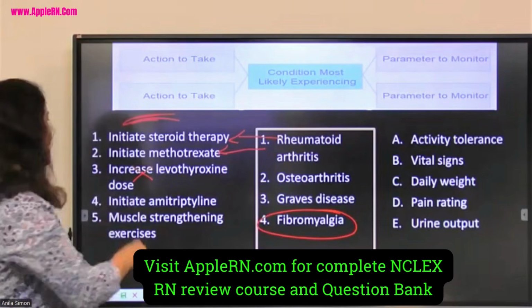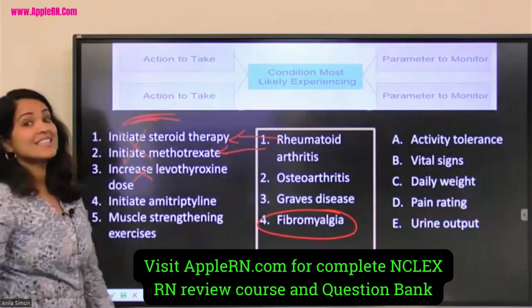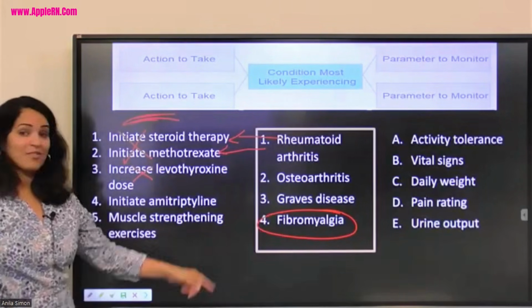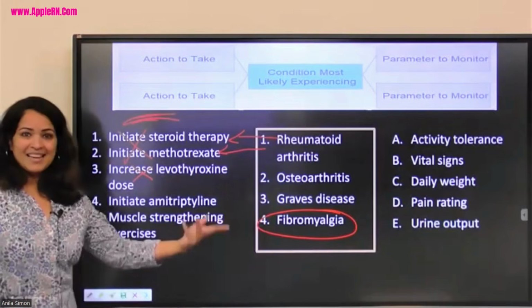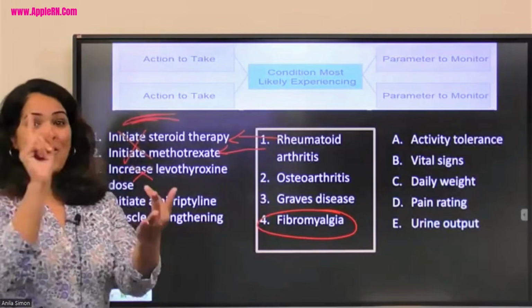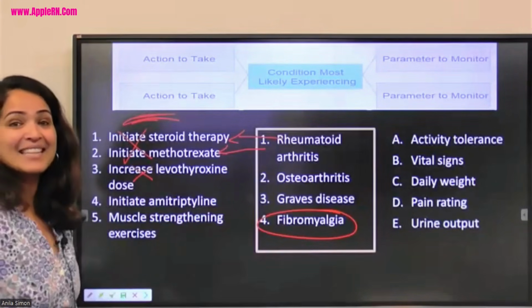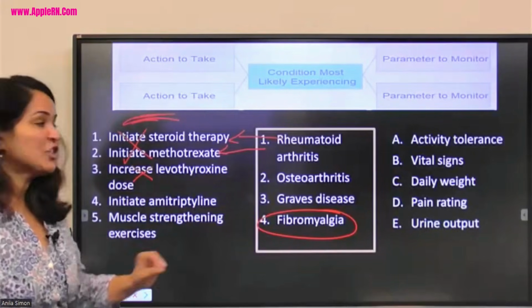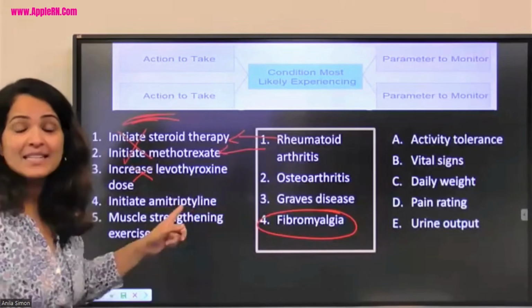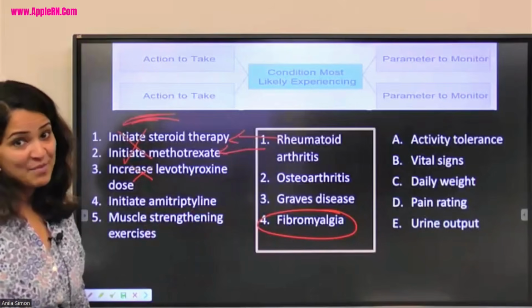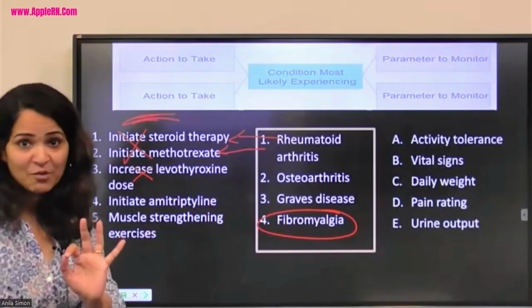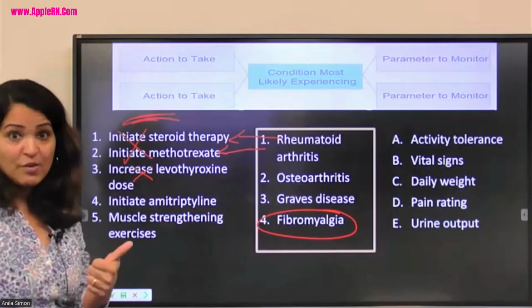So these two are not going to be our answers for this question because it's fibromyalgia. Now, we know it's not 1, 2, or 3, right? So what are the next options we have? Initiate amitriptyline. Amitriptyline, like I said, is a medication which can be used for fibromyalgia, which is really helpful. So that is something which we might see.